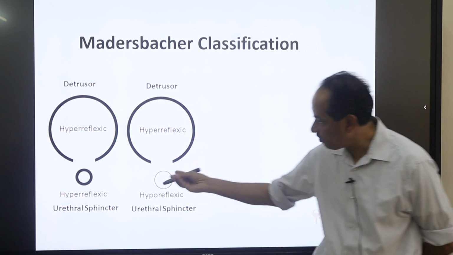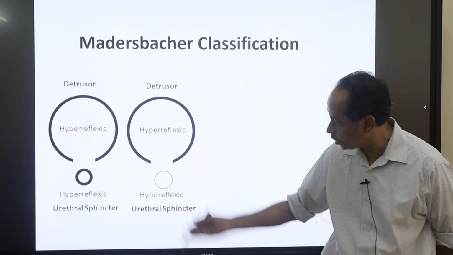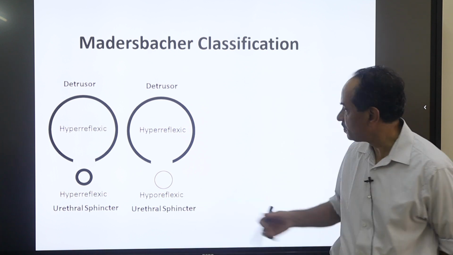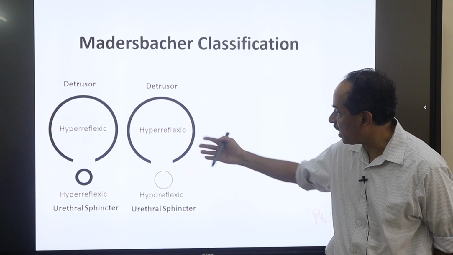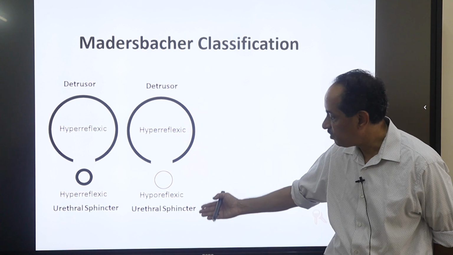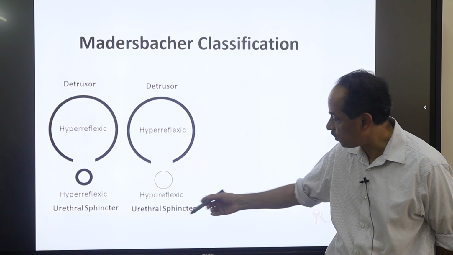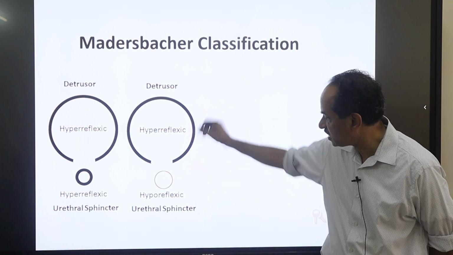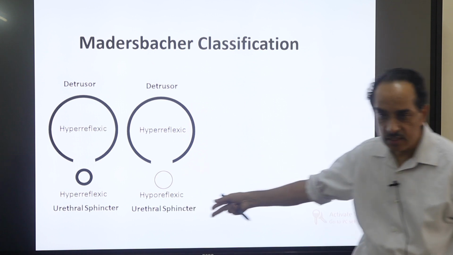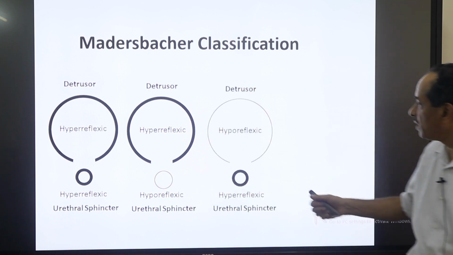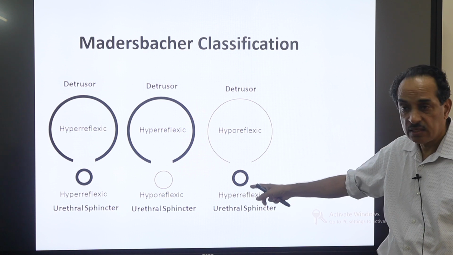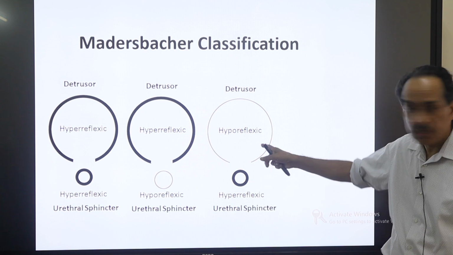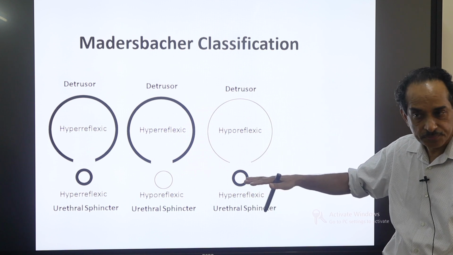Some urine will come across the urethra, and some will go back into the kidneys, producing renal damage. Another combination may be a hyperreflexic bladder and a weak sphincter. What is the result? It will be constantly dribbling because of the constant contraction of the hyperreflexic bladder across a weak sphincter. Third will be where there is a spastic, tight, hyperreflexic external sphincter and a very relaxed bladder.